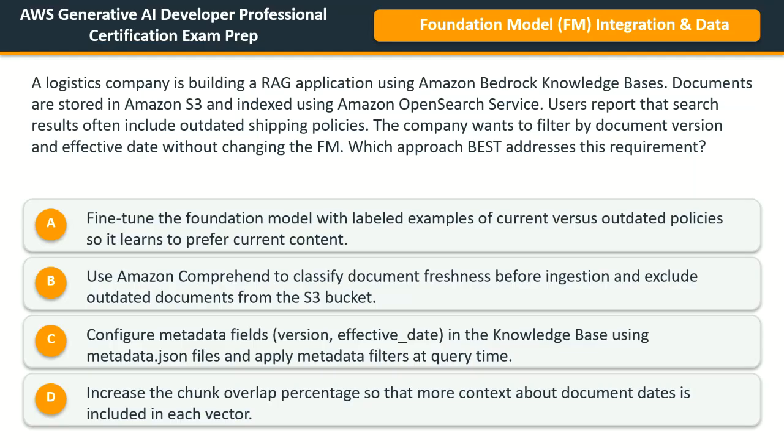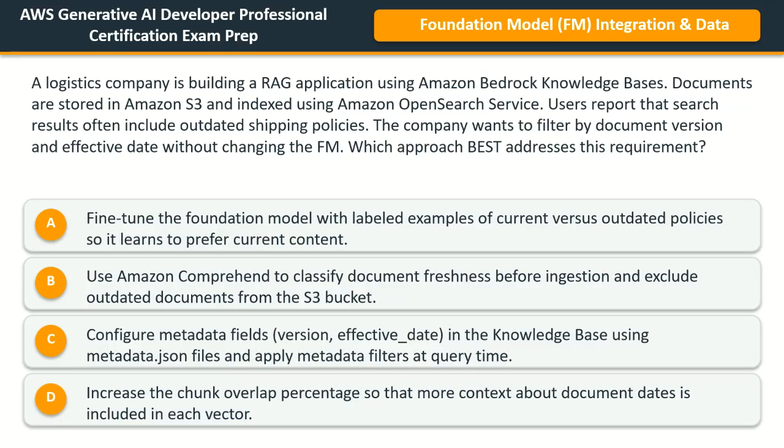vector. Whenever you see "without changing the foundation model," "filter results," "current versus outdated documents," your brain should immediately jump to metadata filtering, not fine-tuning. Amazon Bedrock knowledge bases let you attach structured metadata, things like version numbers and effective dates.